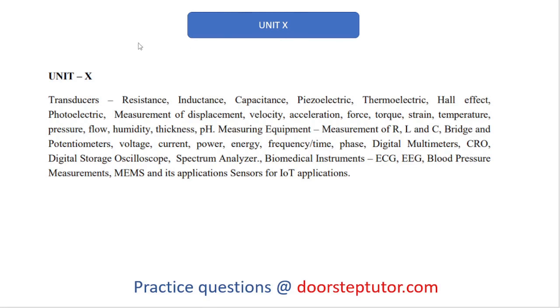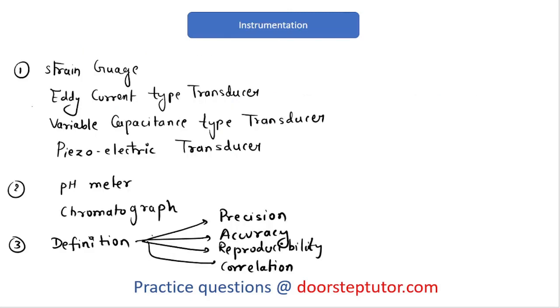If you look at the next and last unit, that is unit 10th, unit 10th is instrumentation and measurement. From instrumentation and measurement, they had asked questions like strain gauge, eddy current type transducer, variable capacitor type transducer, piezoelectric transducer.